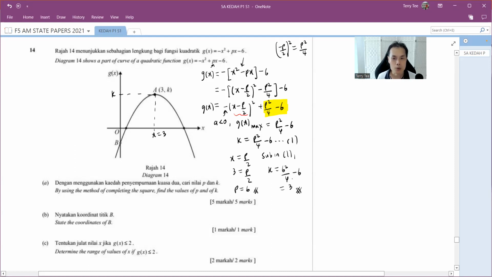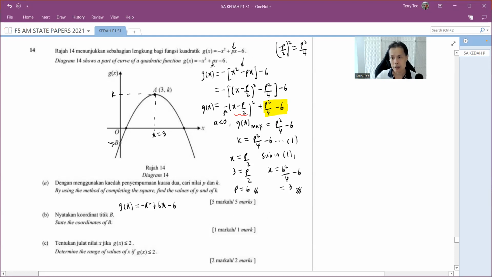So the next thing is we want to find the coordinates of point B. Okay, now B represents your y-intercept. So let's just sub inside here. Now that I know my g(x), since it's quite short, I'm going to work it out here. My g(x) is now negative x squared, plus 6x, and then there is a minus 6.